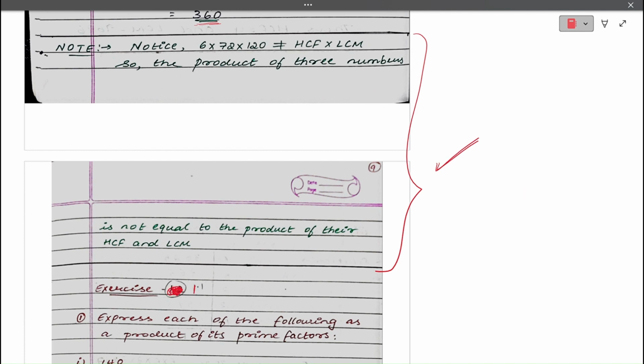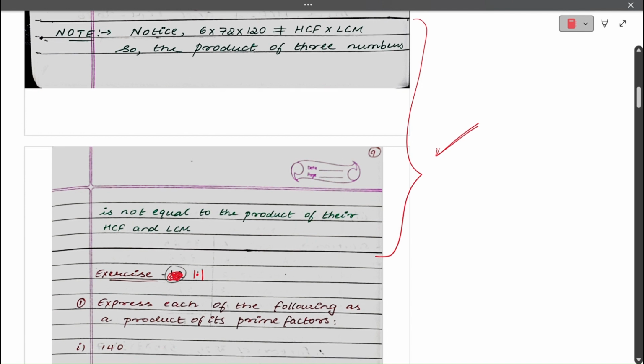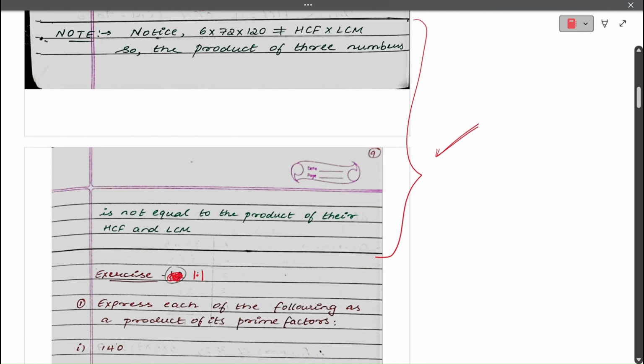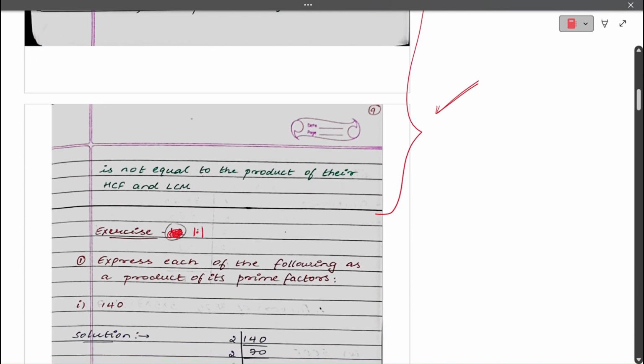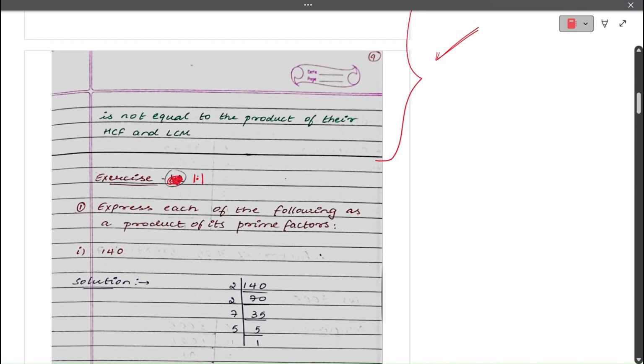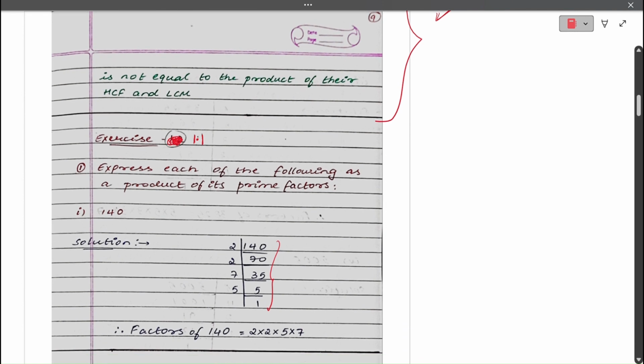Let us come to exercise 1.1. The very first question here is: express each of the following as the product of its prime factors. So 140, by the method of prime factorization like this, gives its factors. 2 into 2 into 7 into 5 are its prime factors.